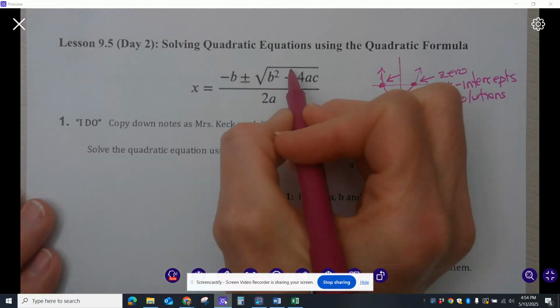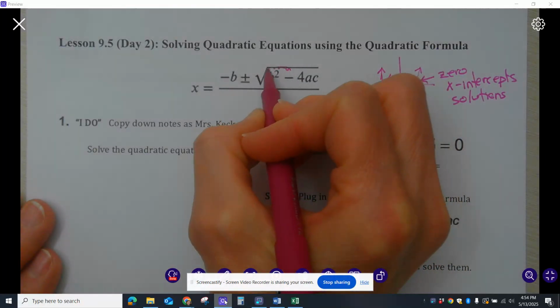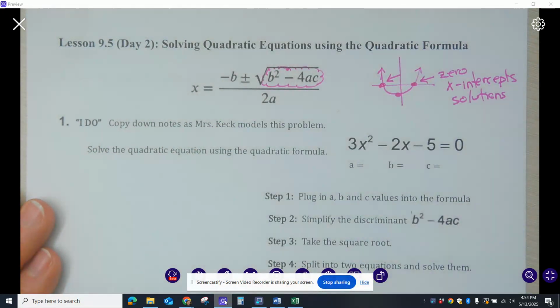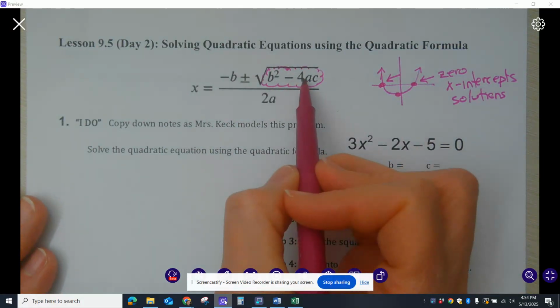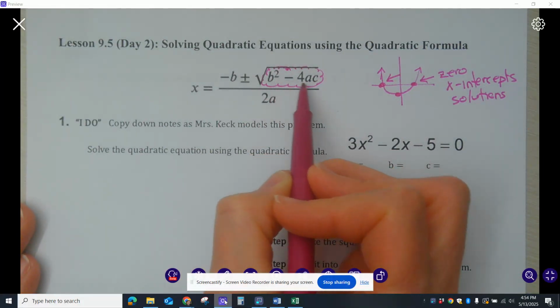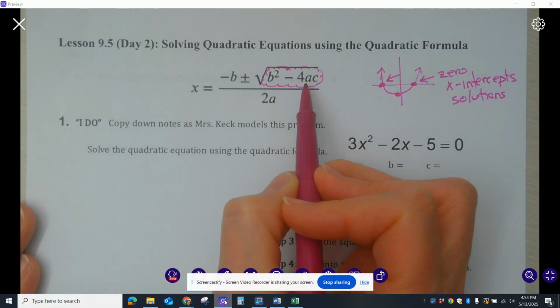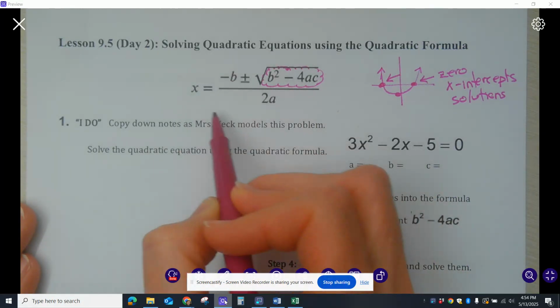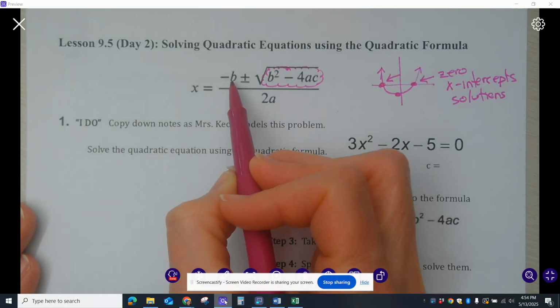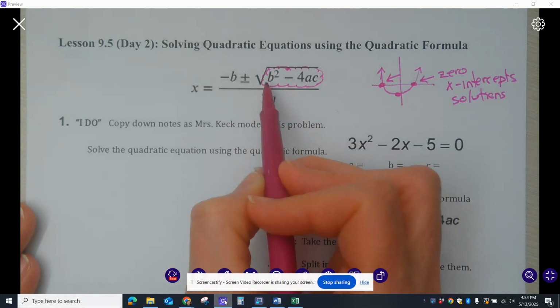The one thing I would like you to do is, I like to say, put this b squared minus 4ac in a cloud, because that is a really messy piece of this equation. So I'm going to have you find that first, and then we're going to put everything into this big equation. So you can see this equation has b, a, c, b, a.